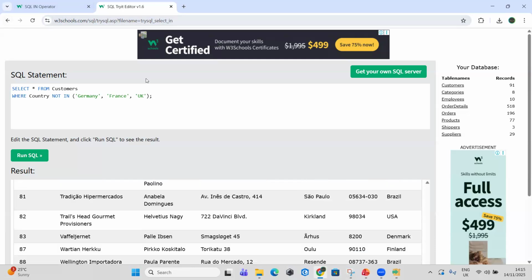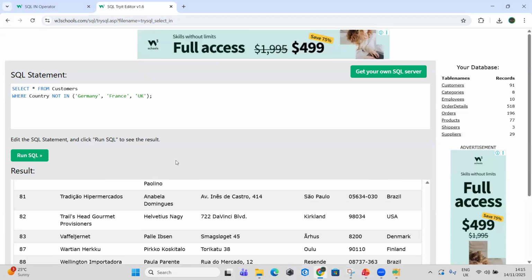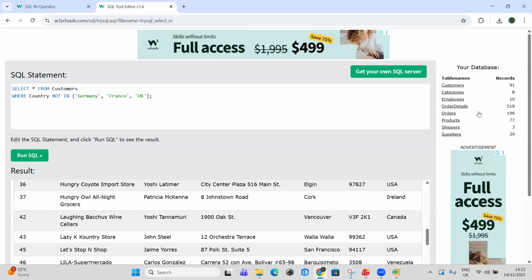Just one question. On the right side it says your database, table names, records. This is not from SQL. These are different table names. This is the database of the W3Schools website.